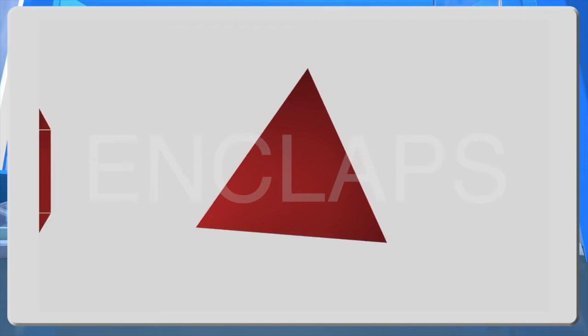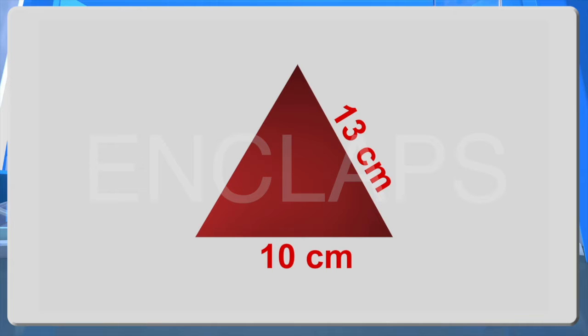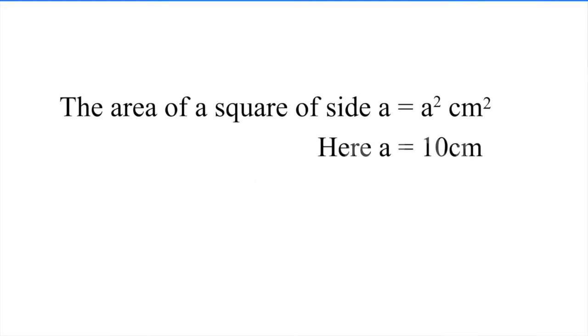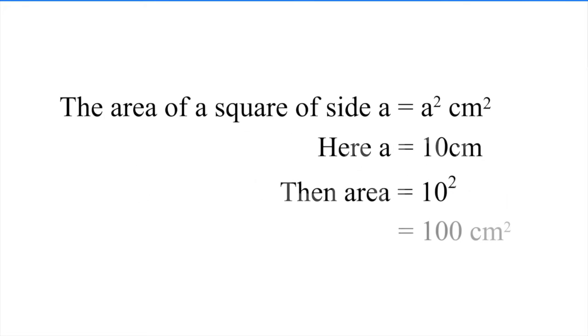If we cut this pyramid open and lay it flat, the surface area of this figure is got by adding the area of the square and the areas of the 4 triangles. The area of a square of side a is a square centimeter square. Here a is equal to 10 centimeters, then area is equal to 10 squared is equal to 100 centimeter square.